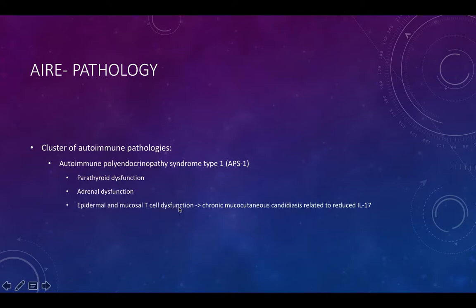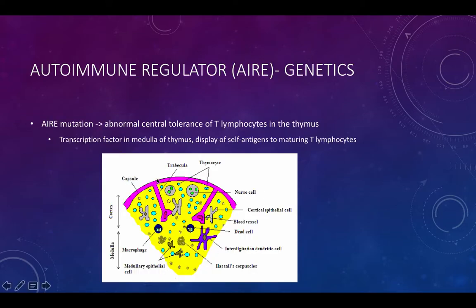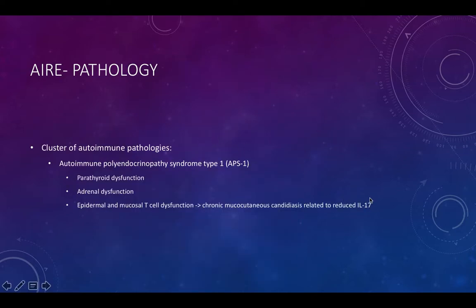And one particular issue you get in APS1 is chronic mucocutaneous candidiasis, which is a chronic candidal infection of the skin and the mucosal membranes. And this is linked to basically a lack of Th17 T helper cells. So coming back to the thymus, you need the schooling to produce a special kind of T lymphocyte called Th17, and Th17 produces interleukin 17, which plays a very important role in combating candidal infection.